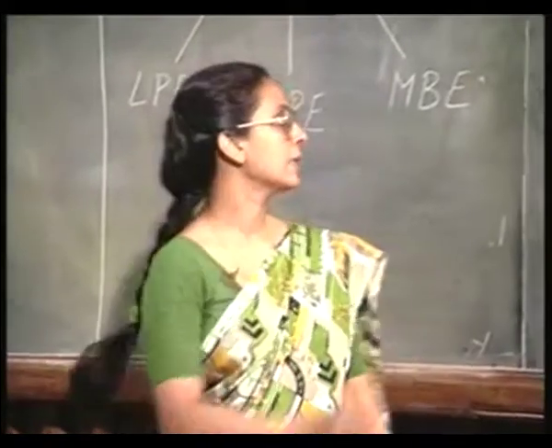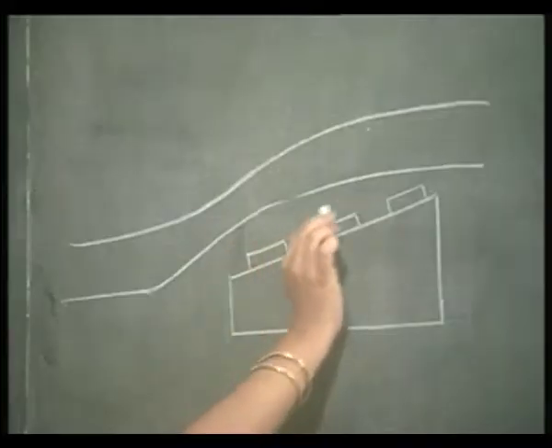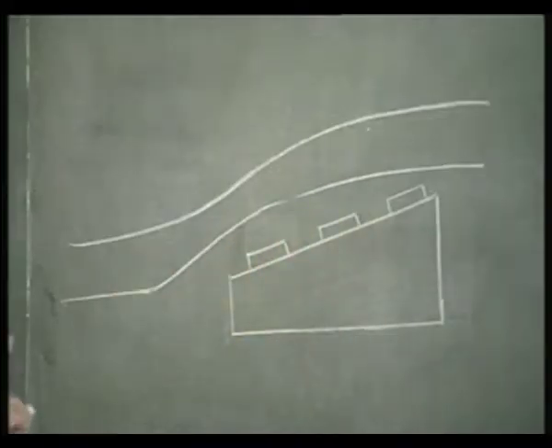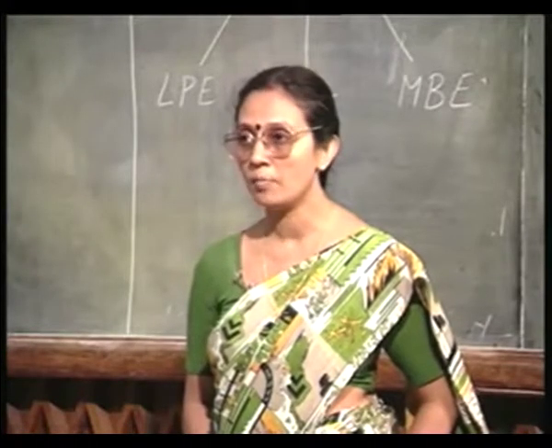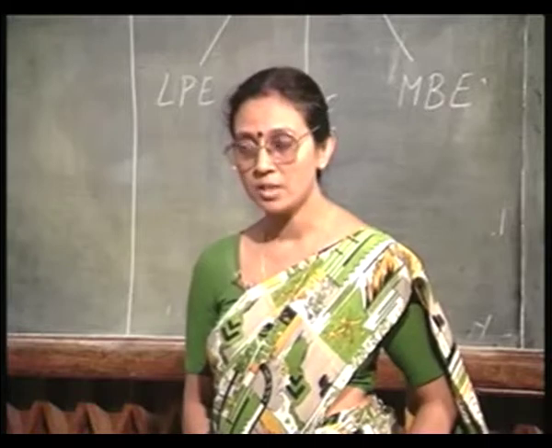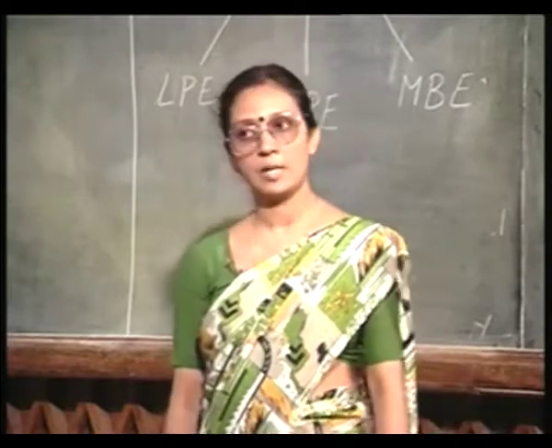Particularly when the gas flow is parallel to the sample surface, that is in these reactors which are called the horizontal reactors, this is almost universally the sample holder design that is accepted in order to reduce the boundary layer problem. That is, you have an inclined sample holder.